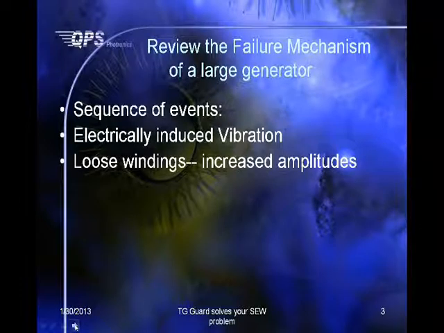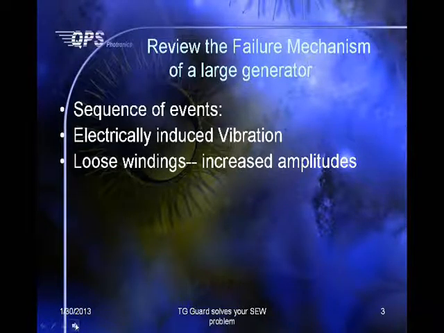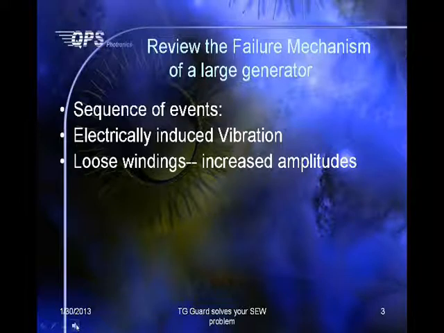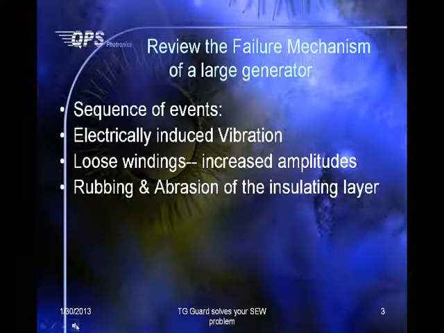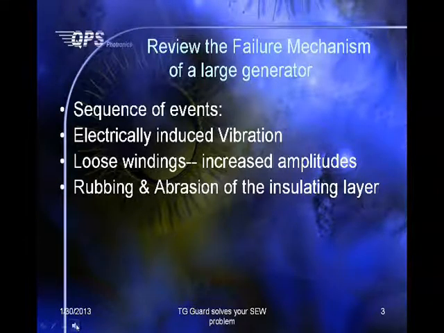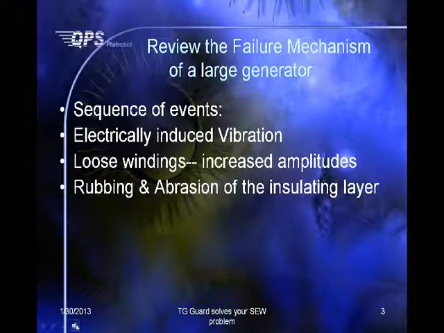Now, having confirmed that, we have explained that the vibration is built in. You can't get rid of it. However, you can minimize its effect by keeping things very tight. If you don't, the loose winding will allow this vibration, and once it goes beyond a certain extent, it will start to cause rubbing.